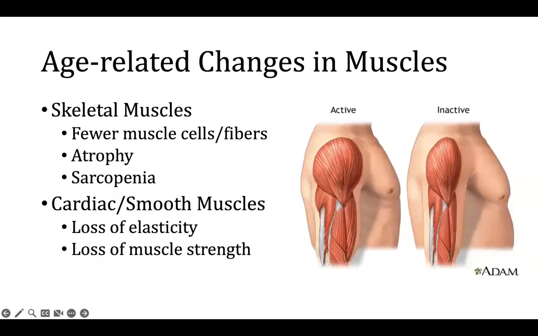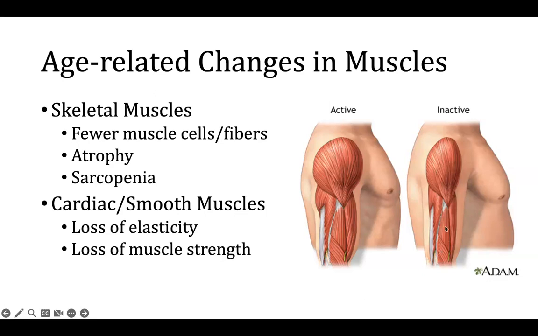Age-related changes in muscles. We have skeletal muscles where there may be fewer muscle cells or fibers, so we might see some atrophy. As individuals get older, their muscles will begin to get smaller. You can see that in this picture: somebody who would be active, how their muscles look, versus someone who's inactive.